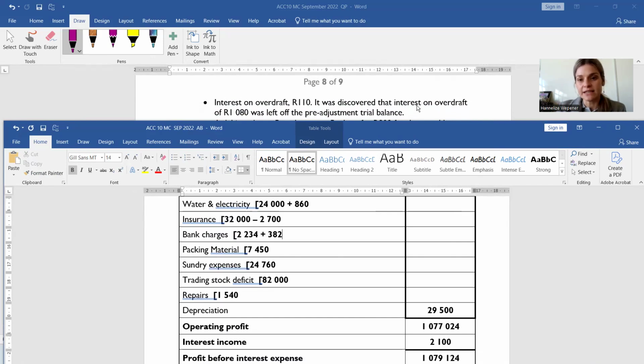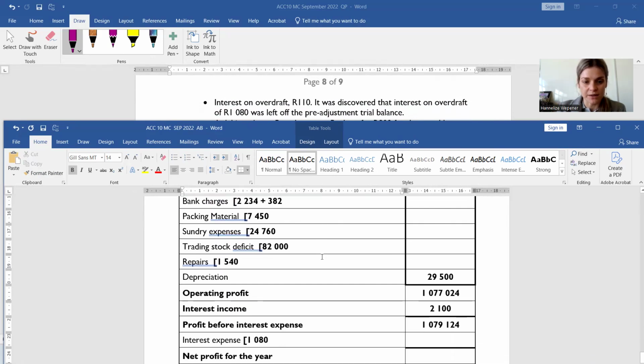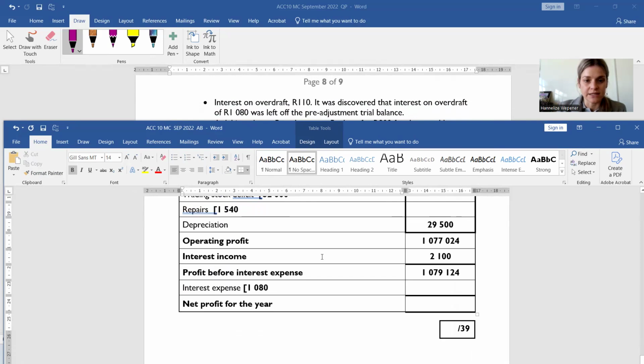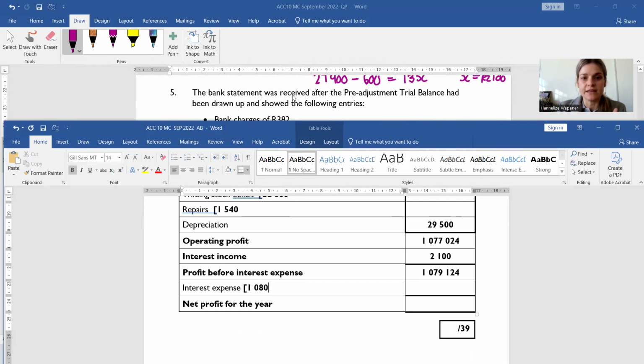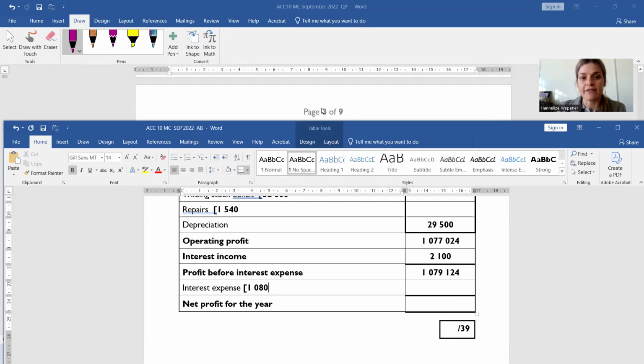Right. So then you also had interest on overdraft. It was discovered that interest on overdraft of 1,080 Rand was left off the pre-adjustment trial balance. So let's go see. Right. So interest expense, it says interest on overdraft, first of all, is the amount that we saw on the bank statement that we haven't yet recorded.